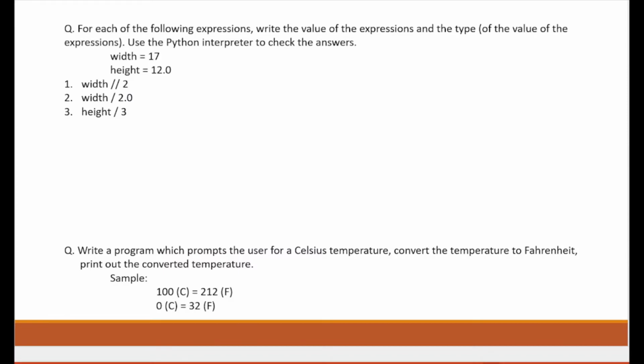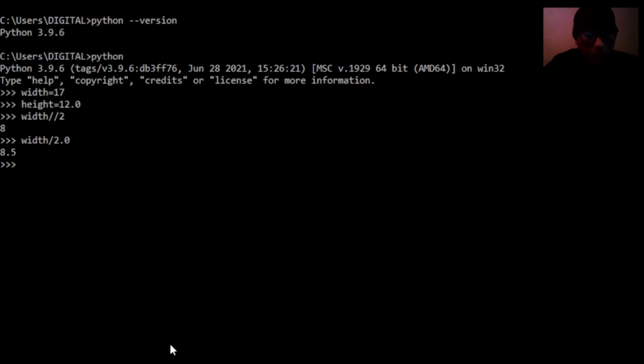Now the last part of question number 1 is height divided by 3. Height actually is a decimal point number, a float, and we have a denominator 3, which is an integer. So let's take a look at the nature of the division that happens over here. So height divided by 3, sorry, that should be 3 integer, my bad, which is 4.0.